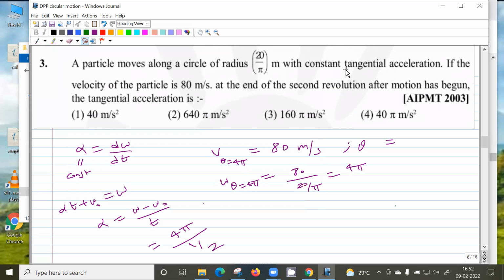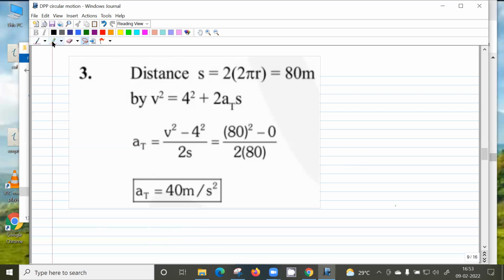The question says the particle is moving on a circle with constant acceleration, and the velocity of the particle is this much at the end of the second revolution. Okay, so this is wrong actually. This thing is actually 0. So v square equal to u square plus 2as, and u is 0 and v is 80. Okay, right?